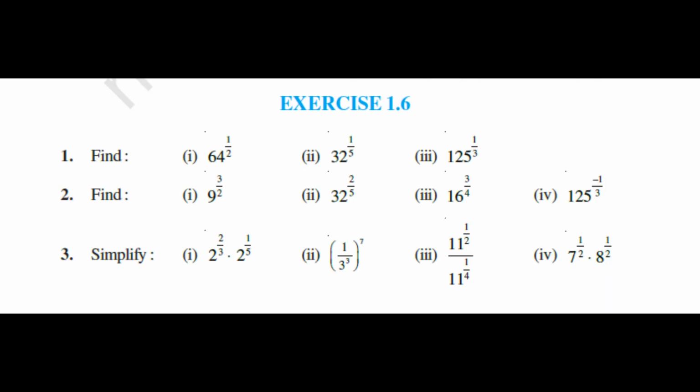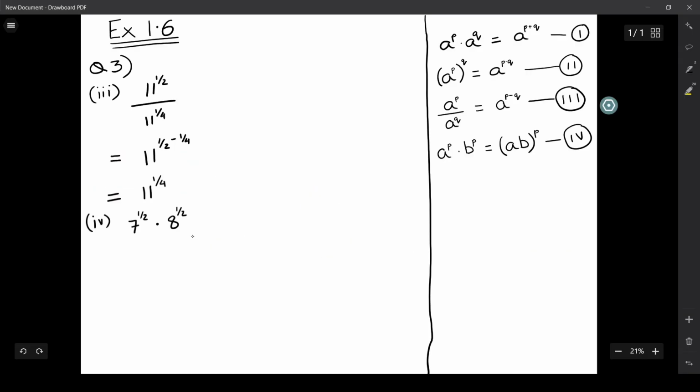The last part of this exercise is 7 to the power 1 by 2 multiplied by 8 to the power 1 by 2. Now here we are going to use formula number 4, which says a to the power p multiplied by b to the power p is equal to a into b to the power p.